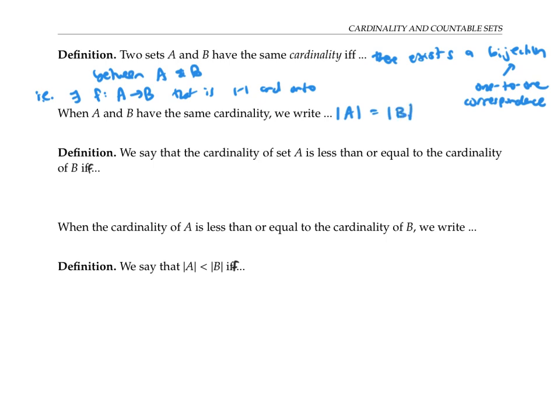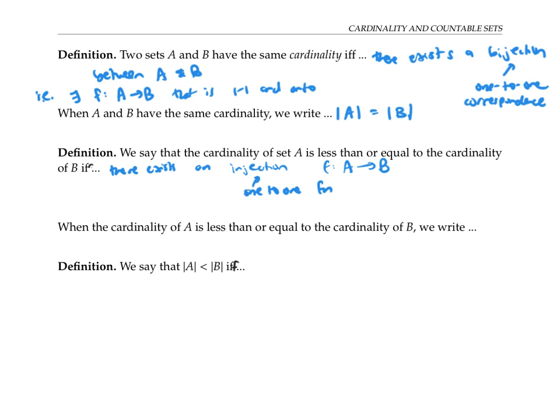We say that the cardinality of a set A is less than or equal to the cardinality of B if there exists an injection from A to B, in other words, a one-to-one function that is not necessarily onto.